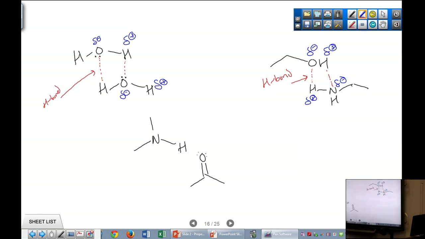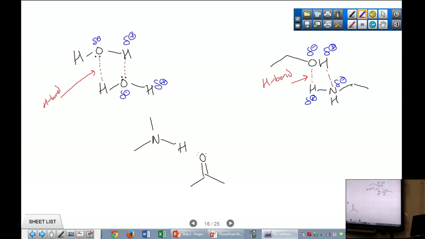Now everything I've shown you up until this point, you have an OH or an NH, and so the NH is donating its hydrogen and then accepting the hydrogen from something else. You don't have to be both a donor and acceptor. So in this last case, I've got this NH.